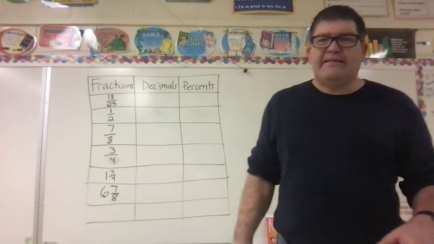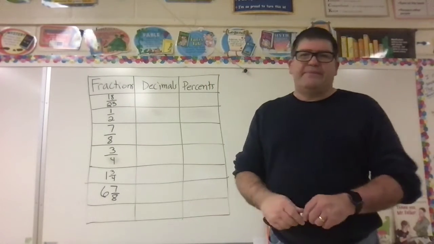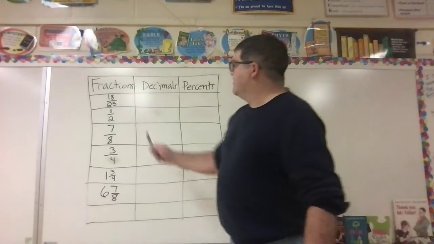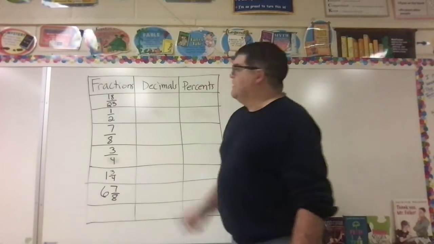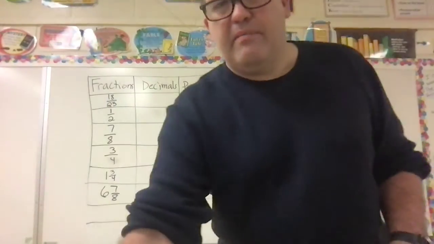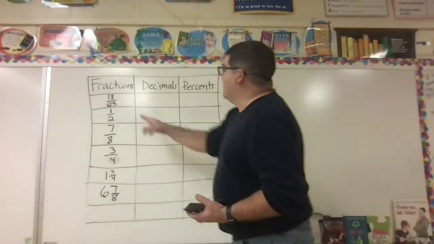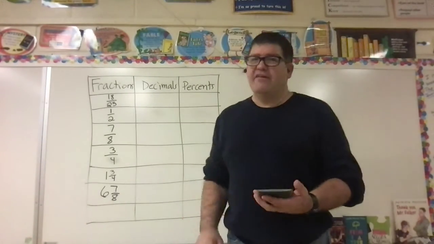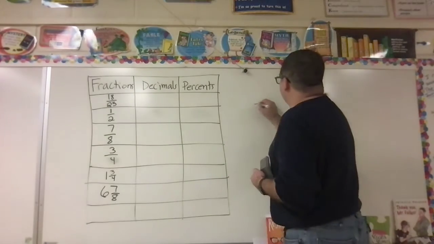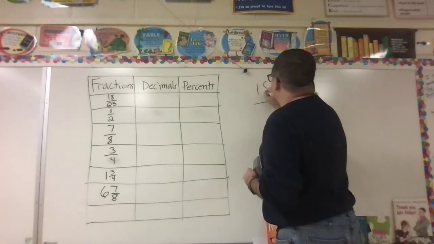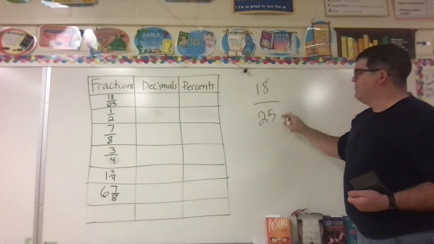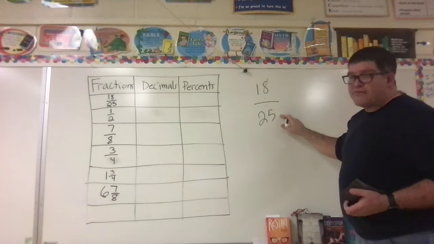And I think the system I use, as long as you have a calculator, you can change a fraction into a decimal. Okay? Now, one thing I do, if I have 18/25ths, we know that this line here, 18/25ths, it's 18 divided by 25, 18 out of 25.